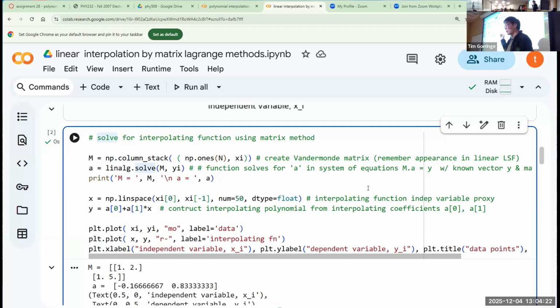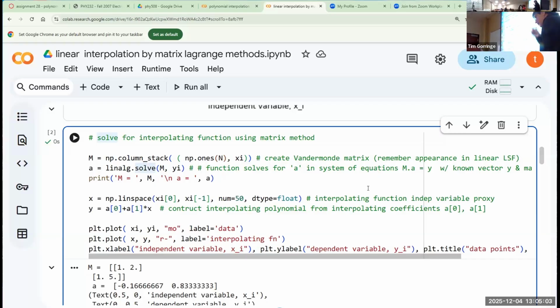Now I've already got my xi's and my yi's, my independent and dependent variable vectors, and all I want to do is solve that linear algebra problem from the slide, the matrix times a equals yi. We can use this function here, solve.